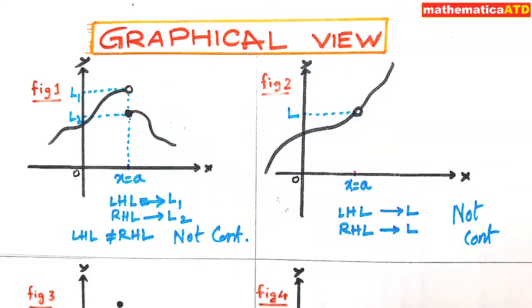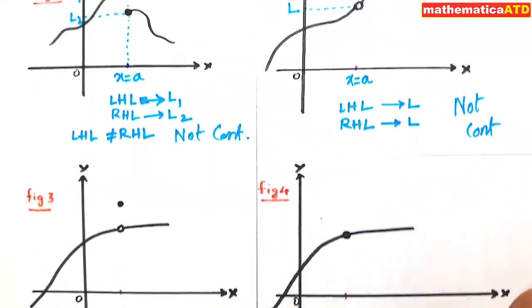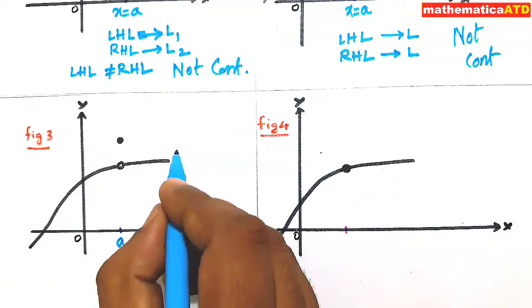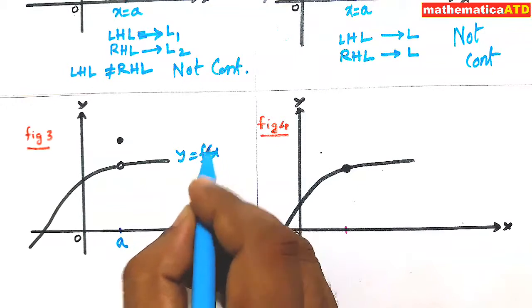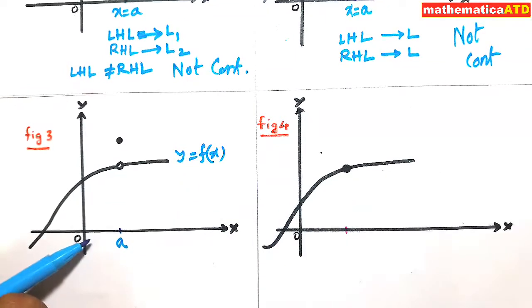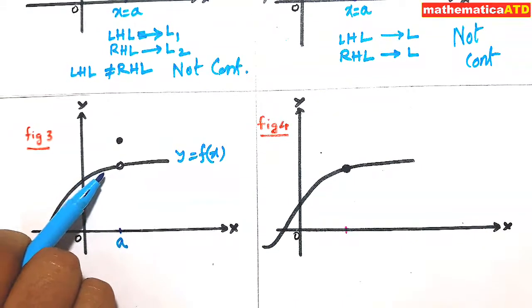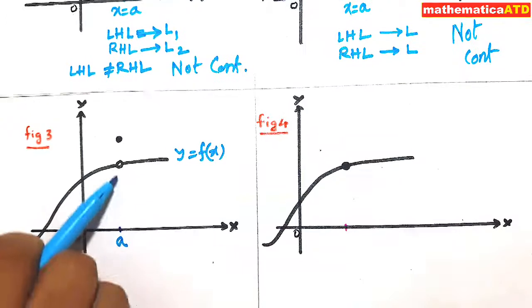Now we shall go to the third figure. In the third figure also, we again consider this point, say x is equal to A. So friends, here when x is tending to A negative, this is y is equal to f(x), the curve. For LHL, the function f(x) is tending to this height.